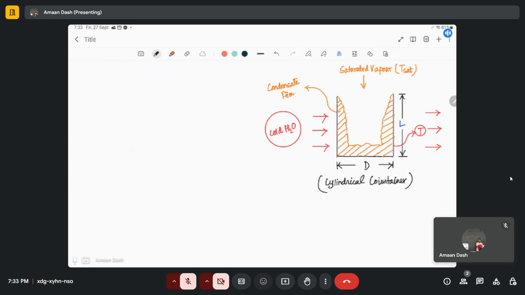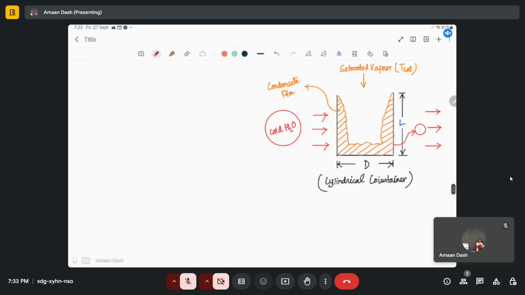So we will derive an expression for how much time is required to fill the container with condensate, assuming that the condensate film is laminar. Okay, and we will express it with known values of these parameters that we know. So this is nothing but this Ts, right?